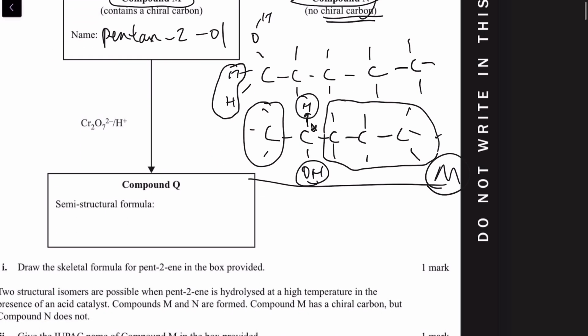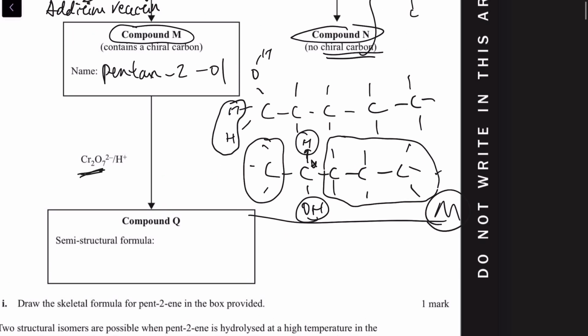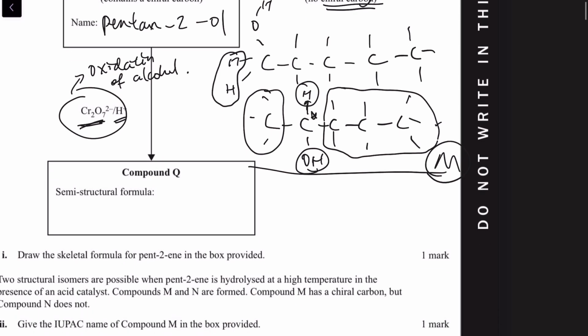And now you are using the dichromate ion under acidic condition. So this is the catalyst required for the oxidation of alcohol. So you are oxidizing this secondary alcohol. And we already discussed in the video that when we oxidize a secondary alcohol, we get ketone.